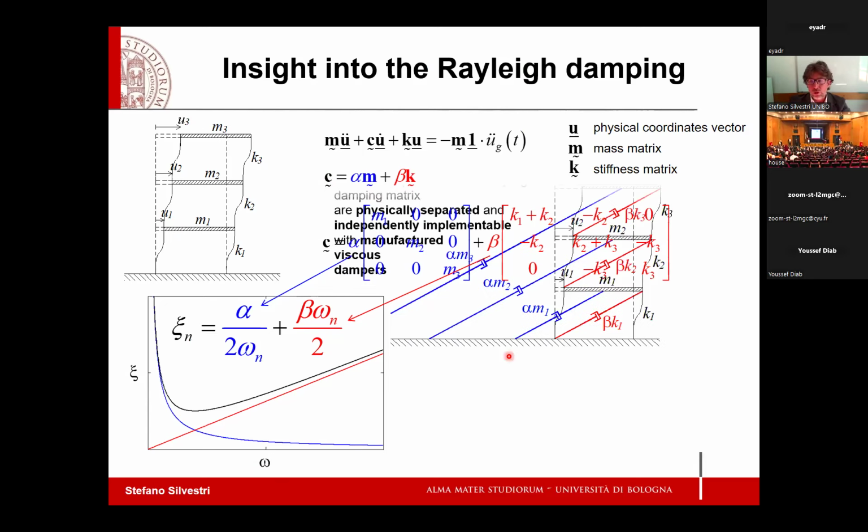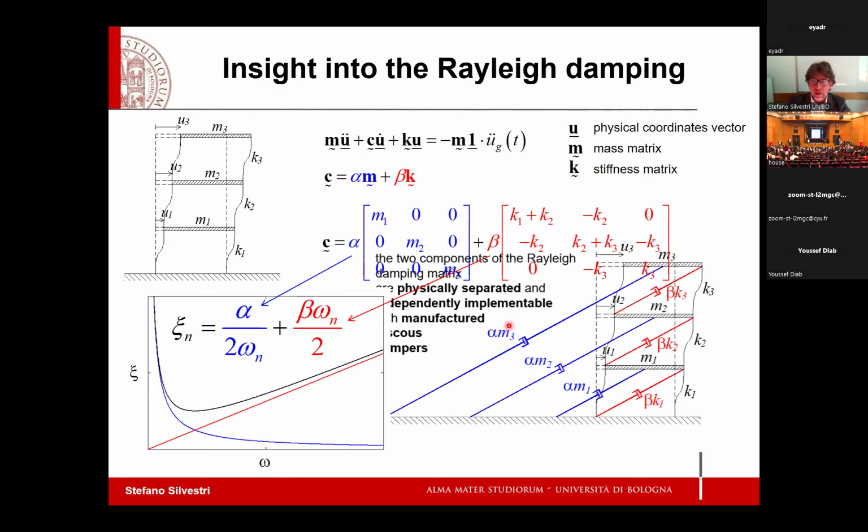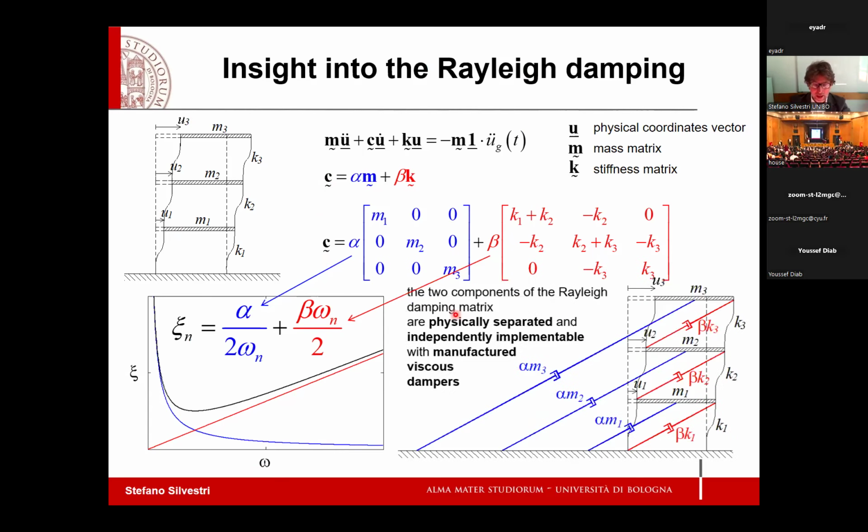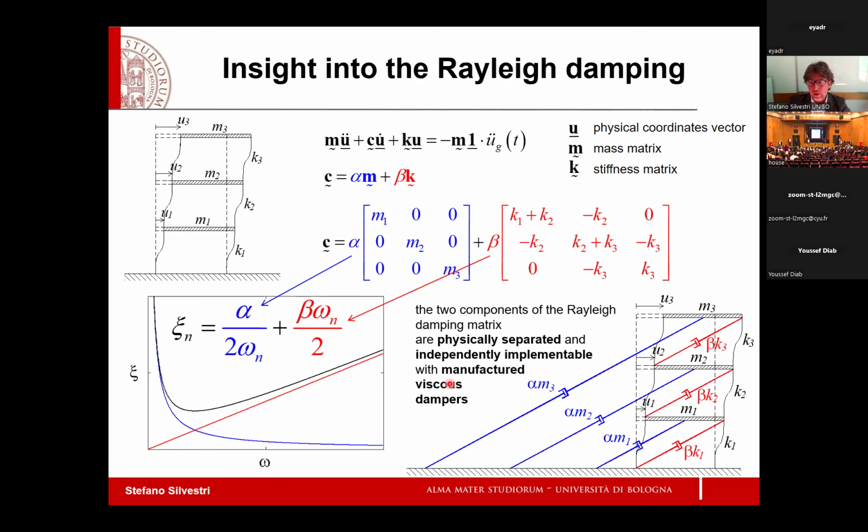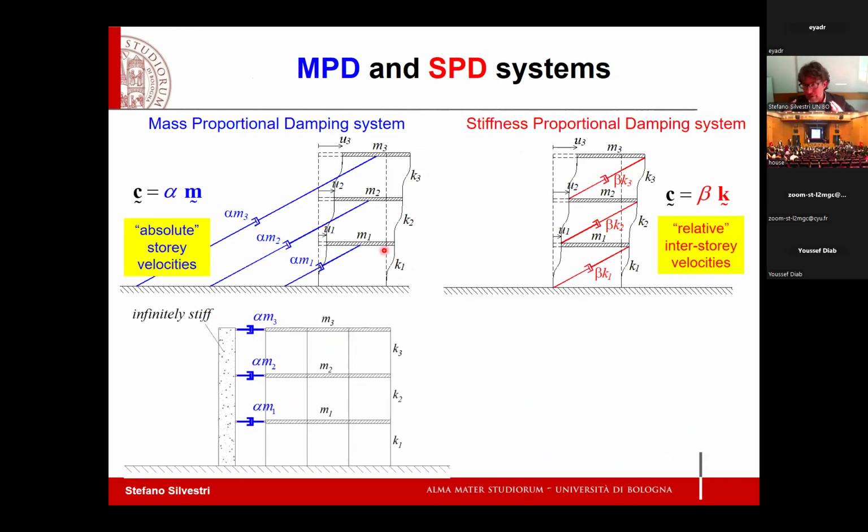I would like to show you that the two components of the Rayleigh damping matrix are physically separated and independently implementable with manufactured viscous dampers. So that actually we can have a physical mass proportional damping system on one side, which sees the dampers working with absolute story velocity because they connect the story with the ground, or better, they can connect the story with an infinitely stiff element like a rigid concrete core or a bracing system.